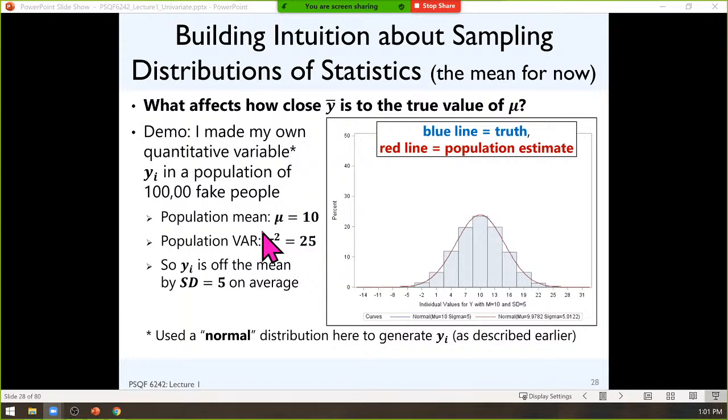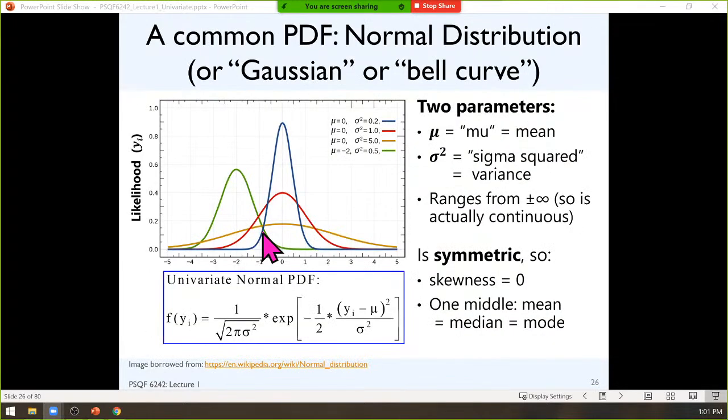So I made up 100,000 fake people. I have the power, all right? I made them up. Fake people are very cooperative in doing research, as it turns out. I made up a variable that follows a normal distribution, like the picture we had a couple slides ago.